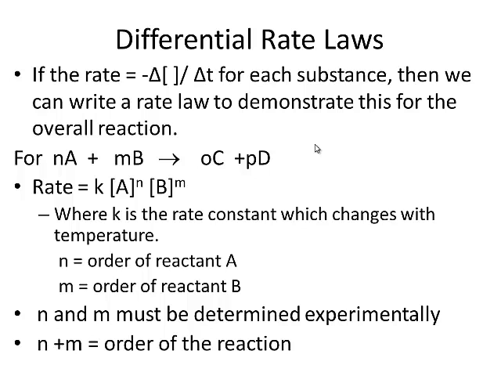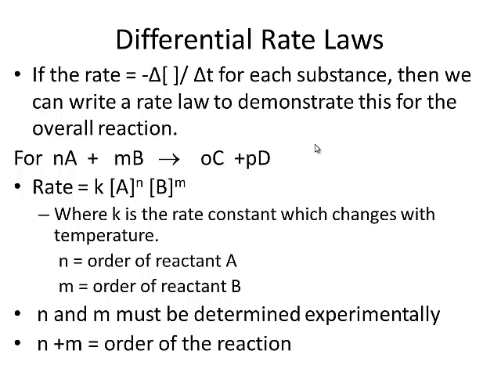And so what we would do is for a reaction that's n moles of substance A plus m moles of substance B equals your products, the rate would be equal to your rate constant times the concentration of A to the nth power times the concentration of B to the mth power. So k is the rate constant, which is where your temperature and everything shows up, so that changes with temperature and pressure and other things. n is the order of reactant A, and m is the order of reactant B.